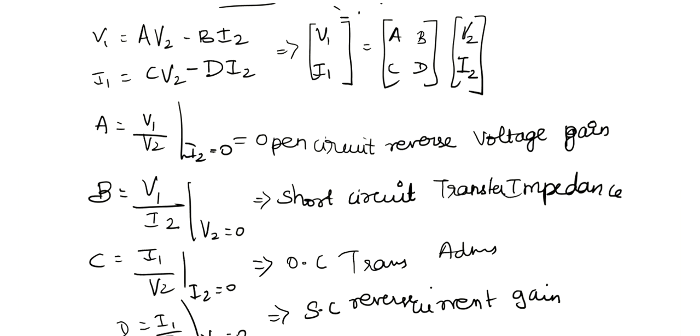Clear? These parameters are known as transmission parameters. As in a transmission line, the current enters at one end and leaves at the other end. We need to know the relationship between the sending and receiving end quantities. Here, this ABCD parameter represents the relationship between your input quantities and output quantities in the two-port network.